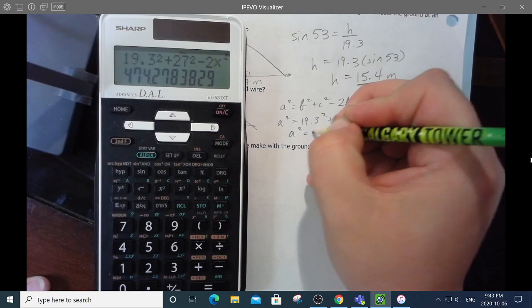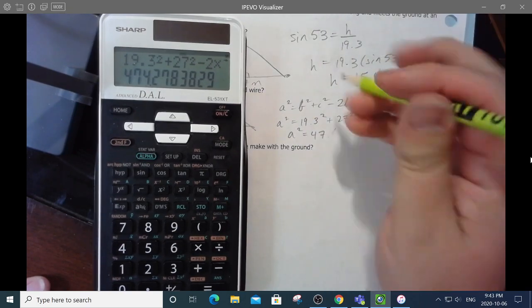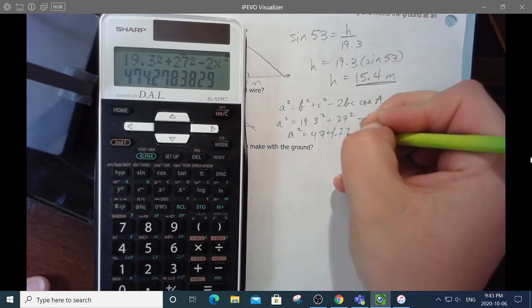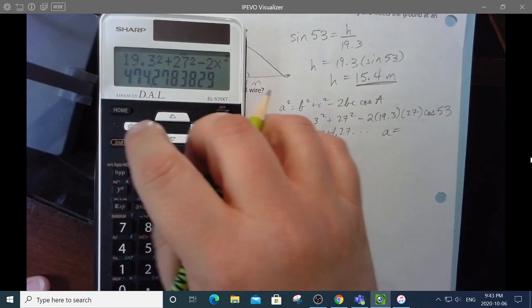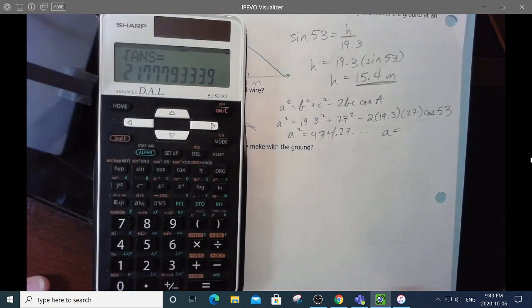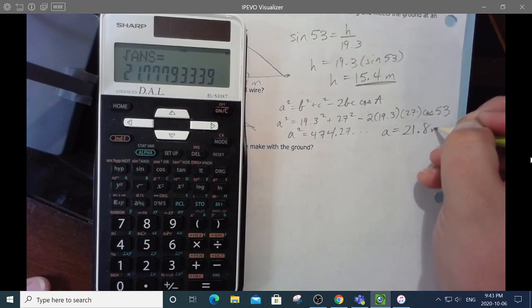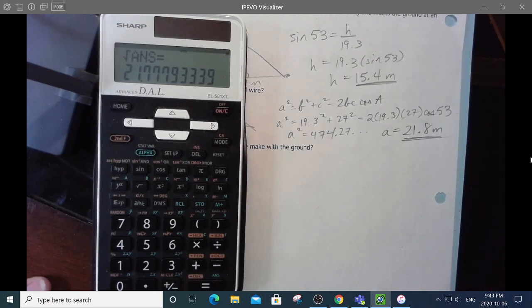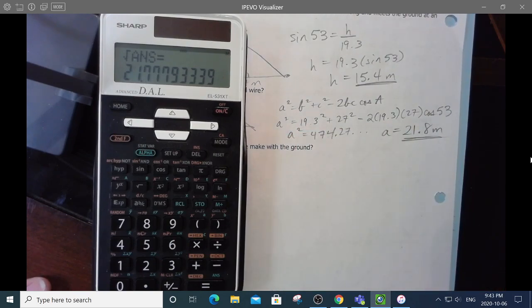A squared is 47.4. Nope, misread that. 474.27 blah blah blahs. That's A squared. A would be the square root of that. 21.8 meters.